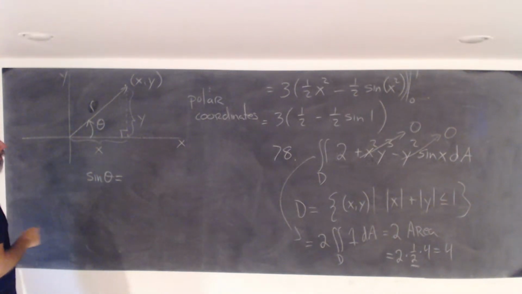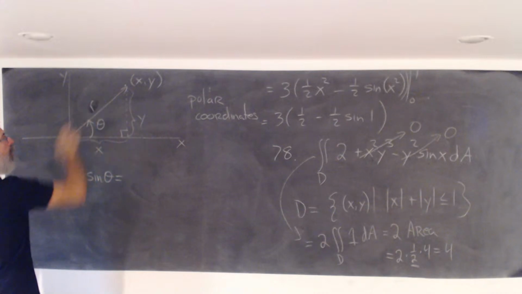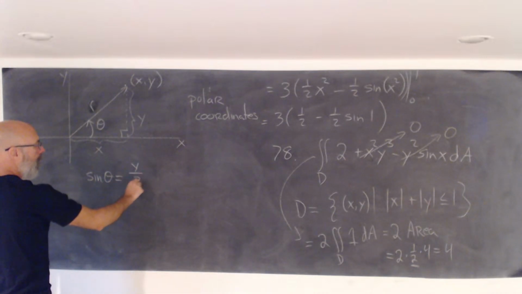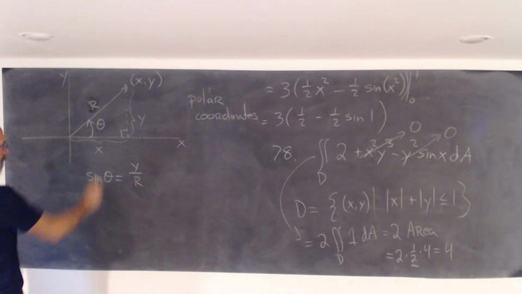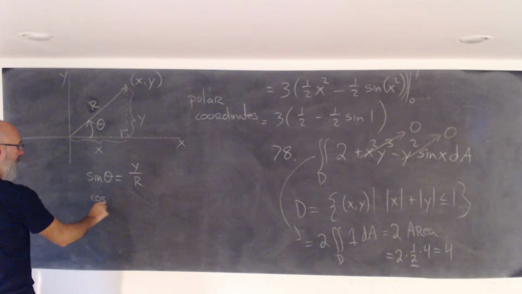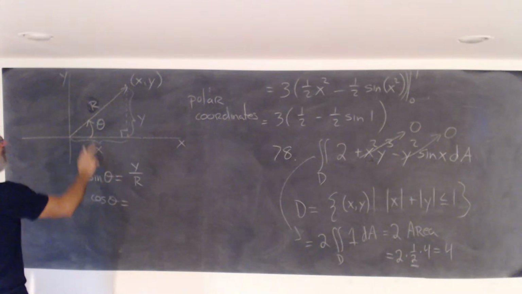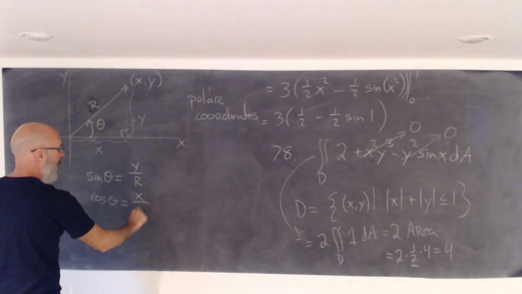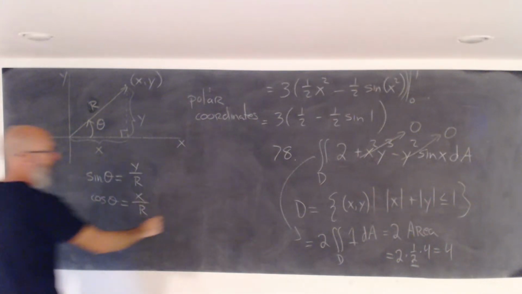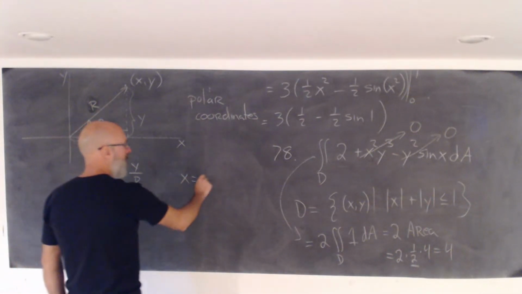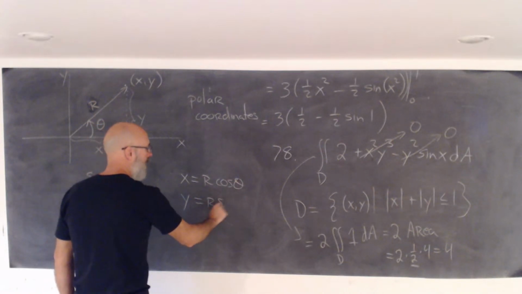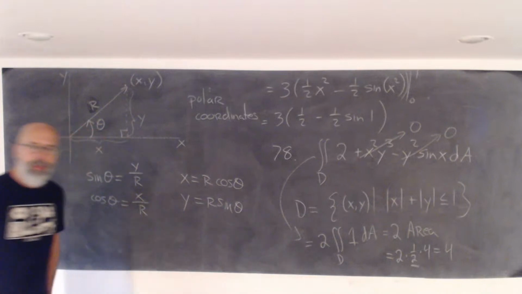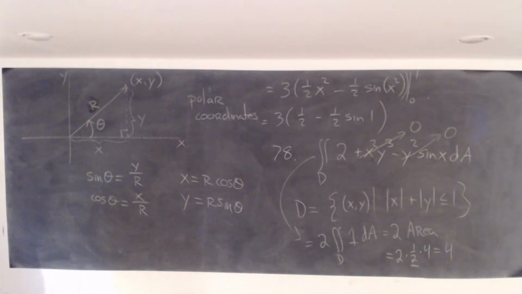Sine of this angle is opposite over hypotenuse. And cosine of that angle is adjacent over hypotenuse. And so we get x is r cos theta and y is r sine theta. These are known as the polar coordinates.